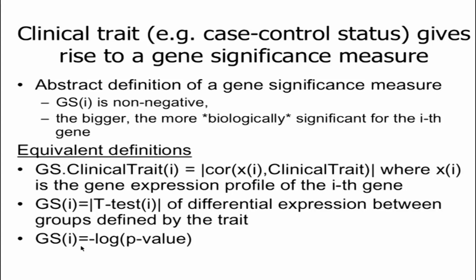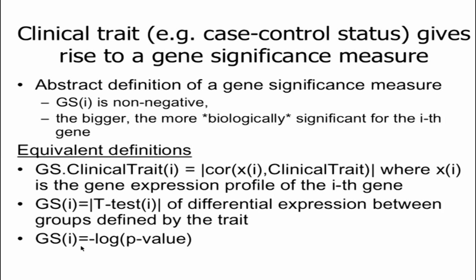But sometimes you could also have a t-test, for example, from some sort of multivariable regression model. So you could just take the absolute value of the t-test statistic. Or if you happen to have a p-value from, say, a Cox regression model, you take minus log of the p-value. So in general, these types of measures are called gene significance measures. And there's actually only one convention: the higher the value, the more significant.